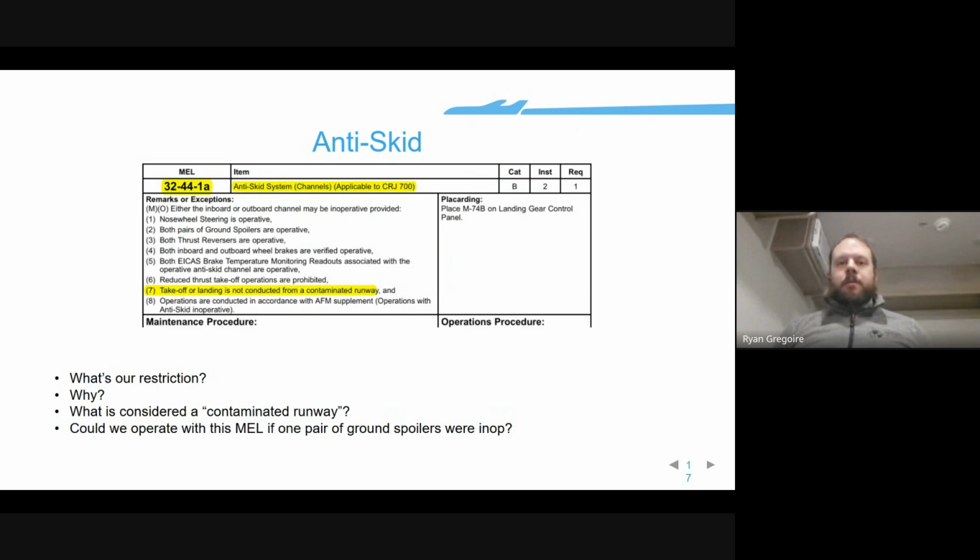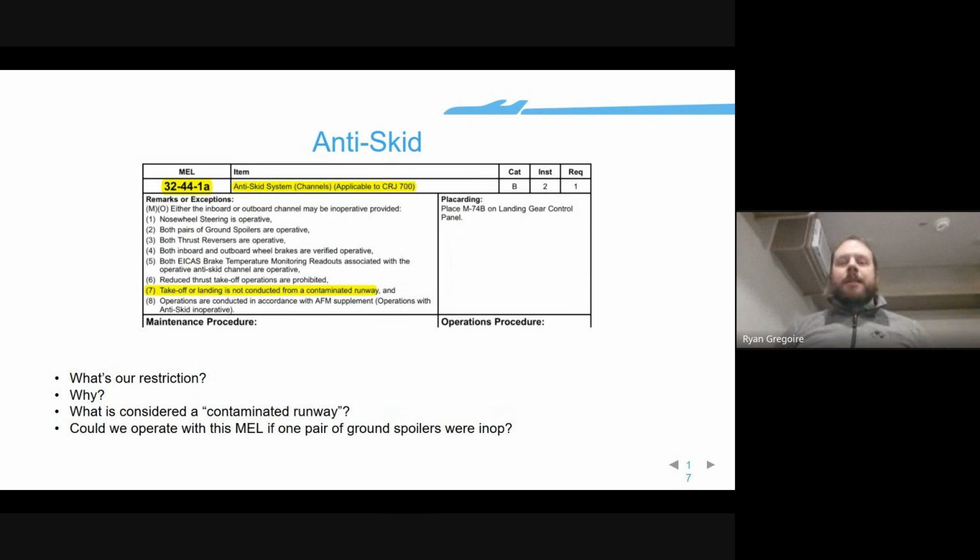And the number of dispatchers and pilots who do not know what defines a contaminated runway is a lot higher than it should be. And I have experienced this at every airline I have worked at, and every airline role that I have been in, that people do not know this definition.